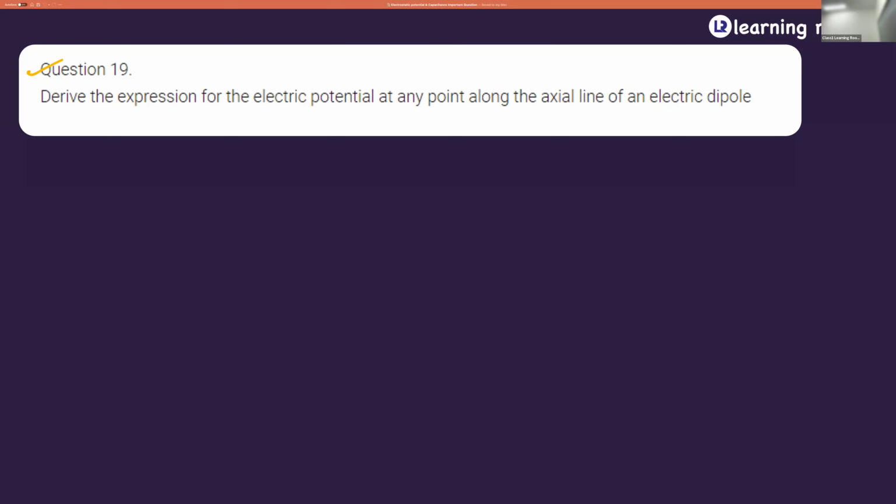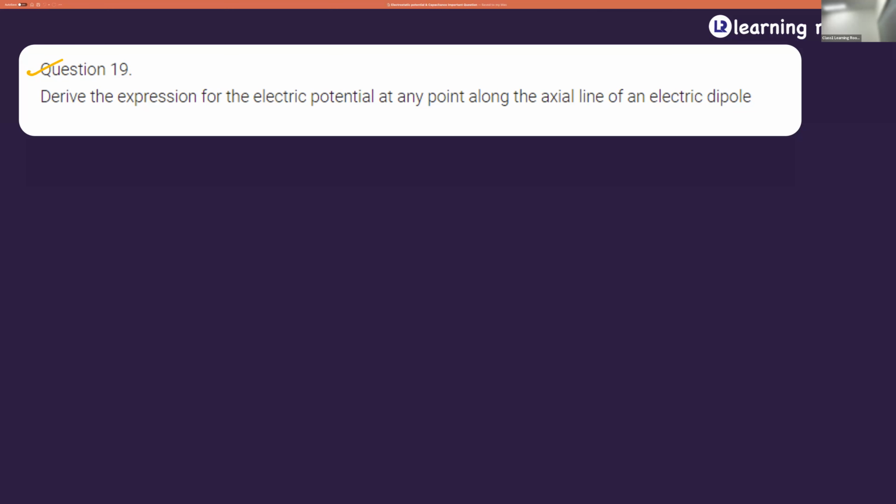This is not potential, there's electric field. One positive charge, one is negative.